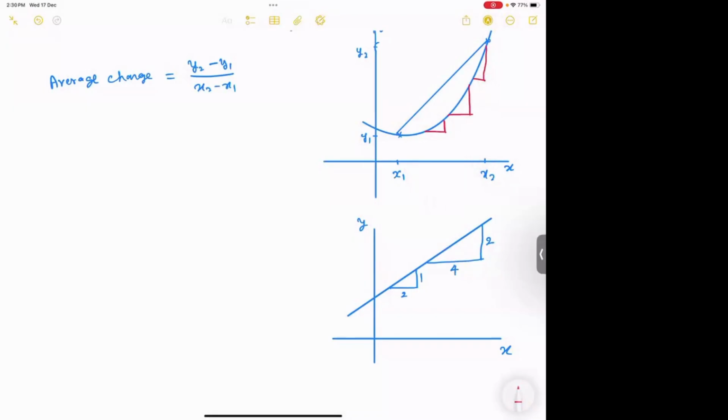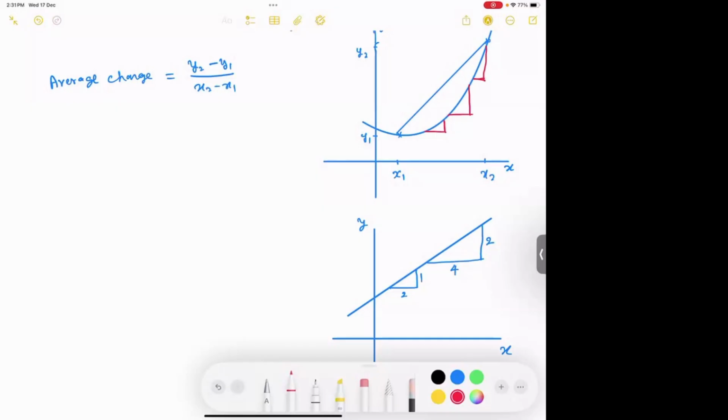See, rise is increasing and run is decreasing, because this is increasing function. So basically, average change we can find by finding a difference between the two values of y and dividing by the difference of two values of x.